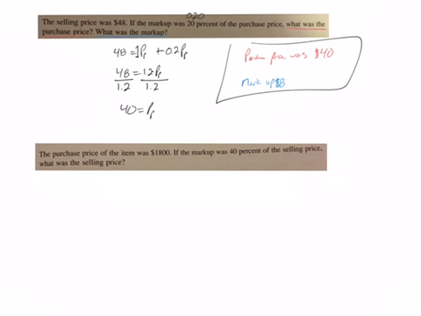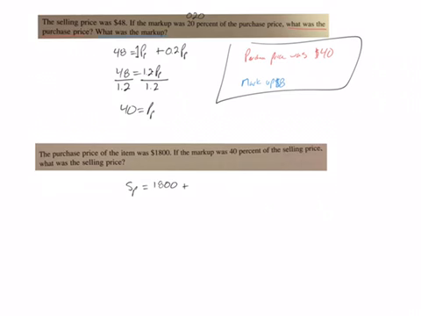Alright, let's try another one. Purchase price of an item was $1,800. If the markup was 40% of the selling price, what was the selling price? So, same equation here. We're going to go with selling price is equal to the purchase price plus markup.